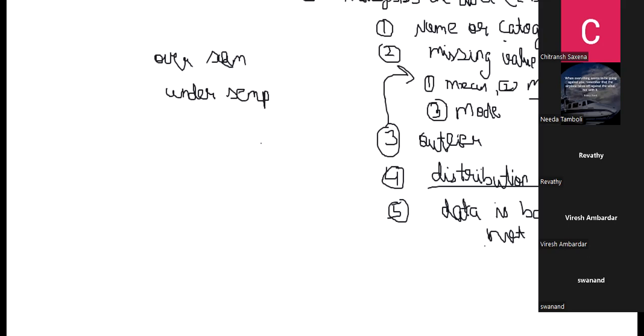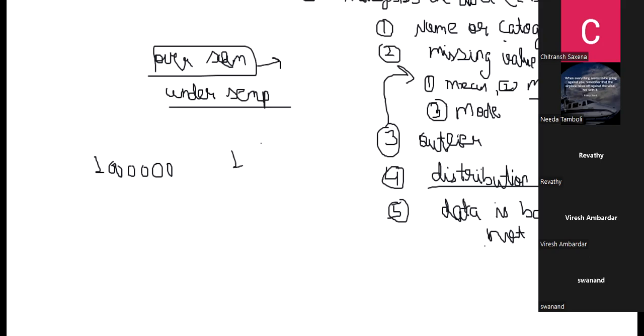Oversampling means, suppose you have a small amount of data, like 100 or 200 lines, then you can use oversampling. If you use undersampling, it reduces your data. And what is undersampling?